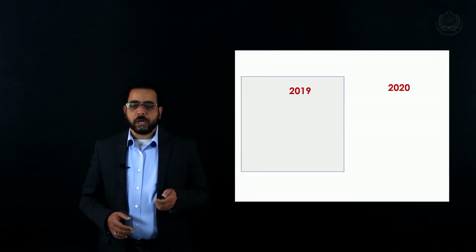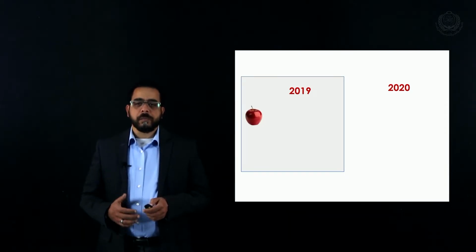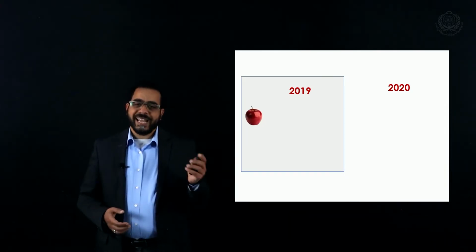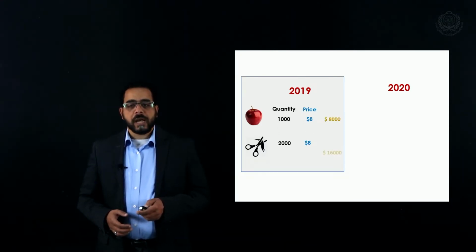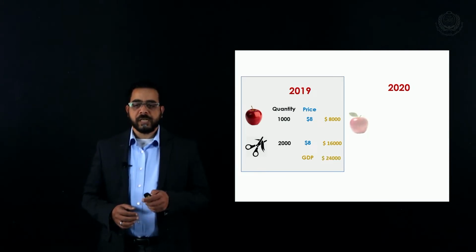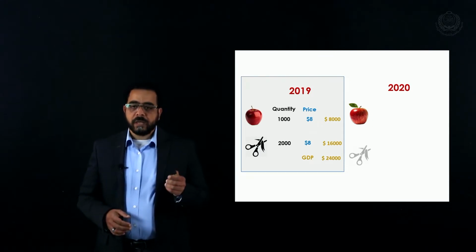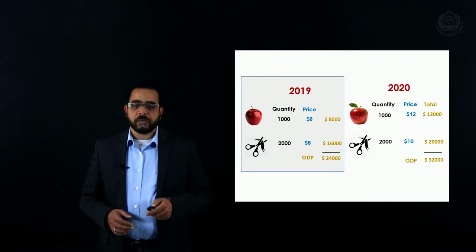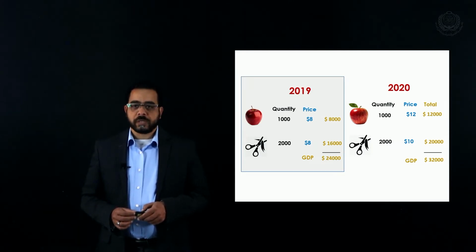Now let's take a look at another example. Here we are comparing the GDP between year 2019 and 2020. Still we're talking about apples and haircuts, and we have the GDP in 2019 at the value of 24,000. In 2020, we found out that the GDP has increased to 32,000.